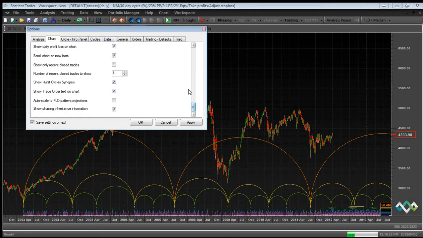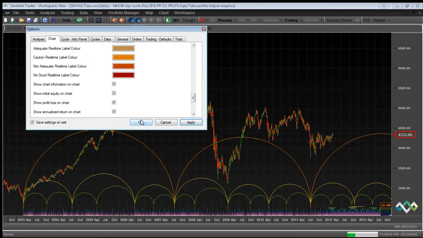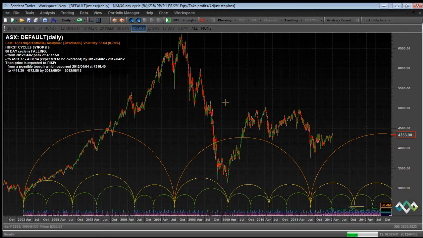I need to also tell it to show information on the chart, because I turn that off. Show chart, there we go. So you can see I've called this particular chart default, and it's a daily chart, an end of day chart. I just clicked on the Analyze button, and Sentient Trader did its thing, and it's produced its analysis.